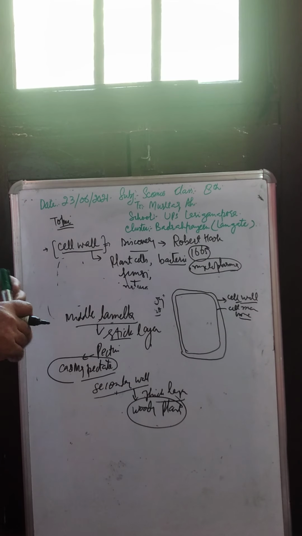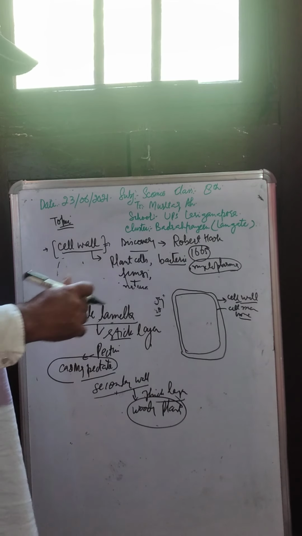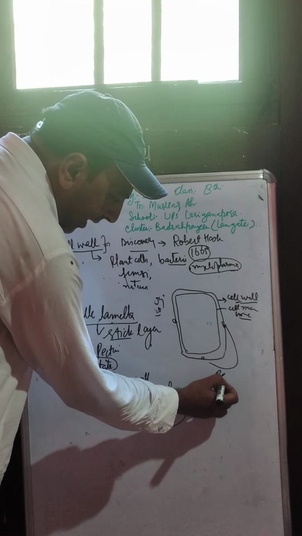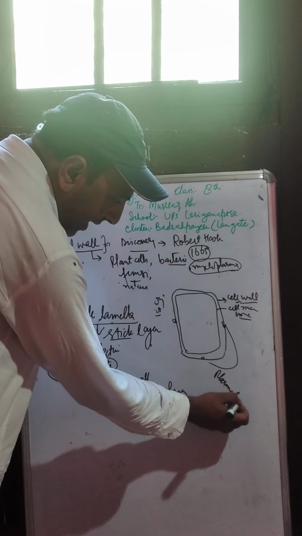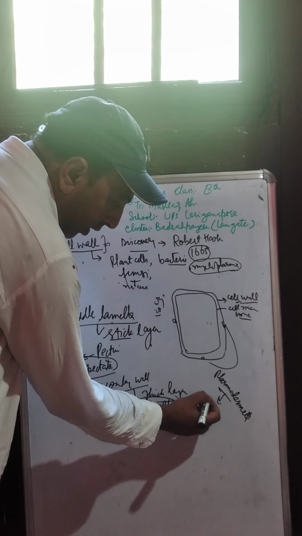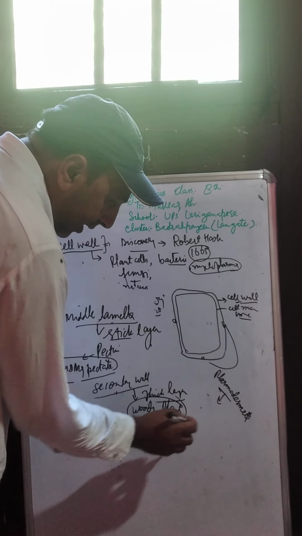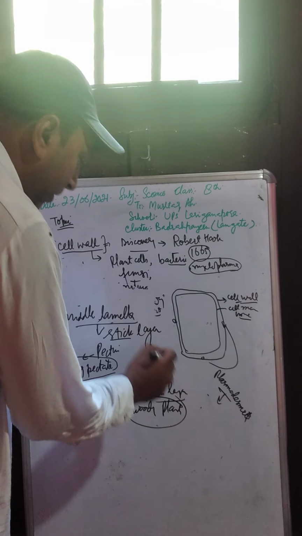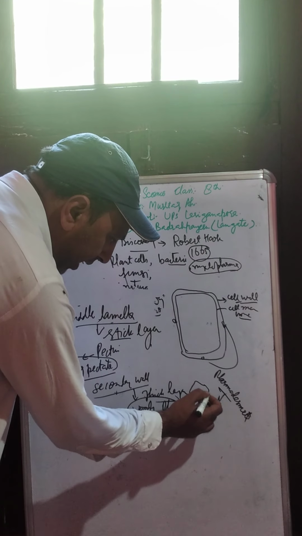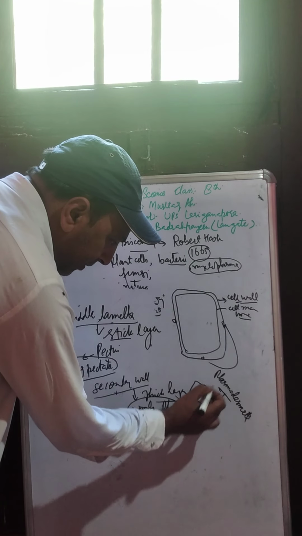Besides this, on the cell wall there are small pores, right? There are small pores which we call plasmodesmata. What are they for? If I draw here, we have one cell, and you have another cell here, okay?